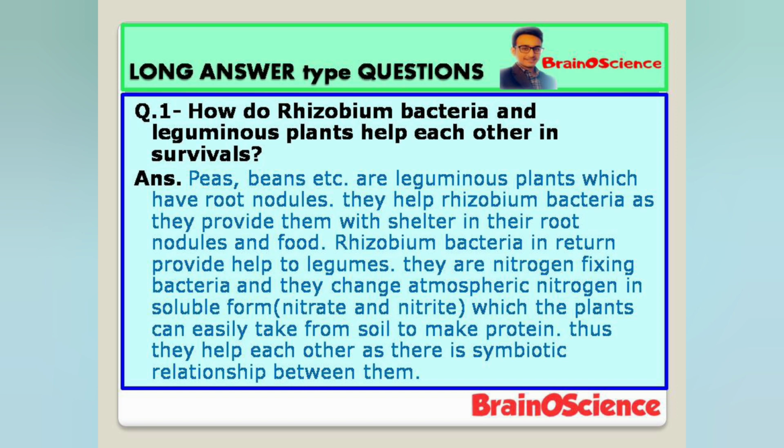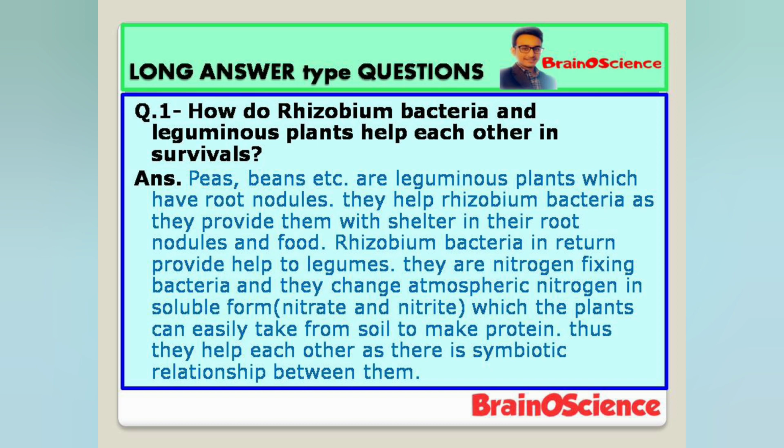Here are some long answer type questions. Question number 1: how do rhizobium bacteria and leguminous plants help each other in survival? Answer is, peas and beans etc. are leguminous plants which have root nodules. They help rhizobium bacteria as they provide them with shelter in their root nodules and food.